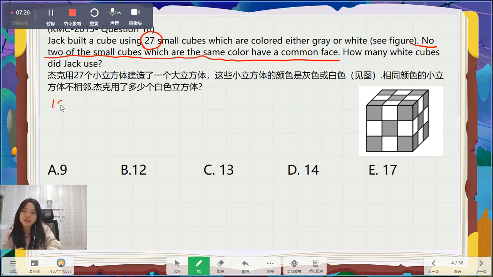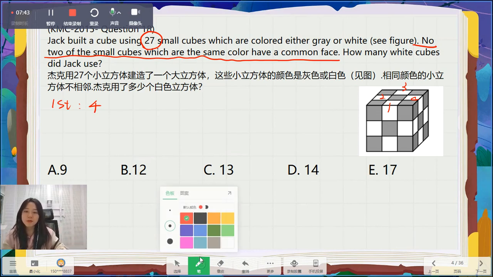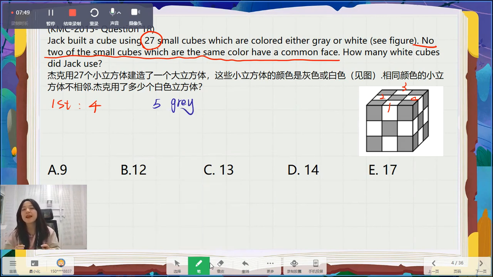Let's see the first layer first. It has 1, 2, 3, 4 white cubes. It's very easy to find it, right? And let's see, because there are 9 cubes altogether in the first layer, that means there are 5 gray cubes in the first layer.